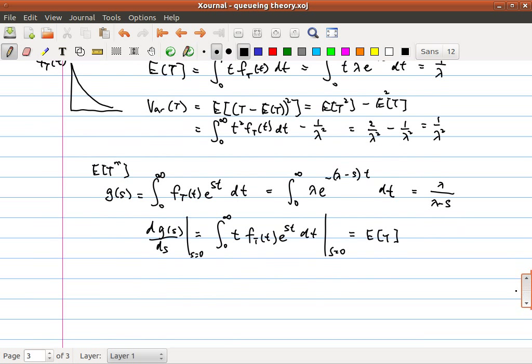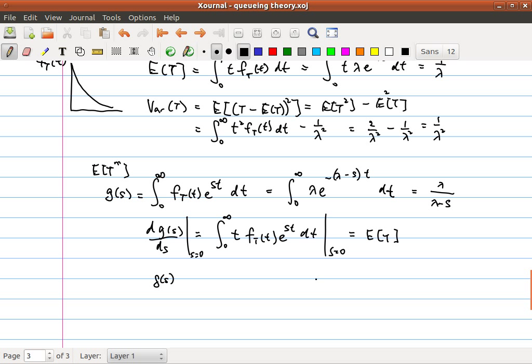And so therefore it's very easy to compute the moments just from this G(s), the moment generating function. For example, if I want to compute not the first moment, the expectation of t, but also the second moment, I can just take the derivative twice.